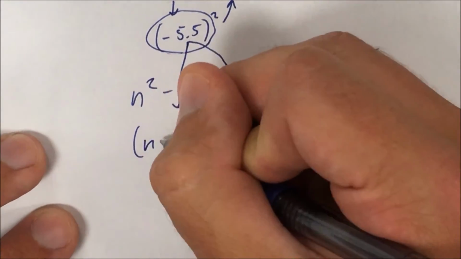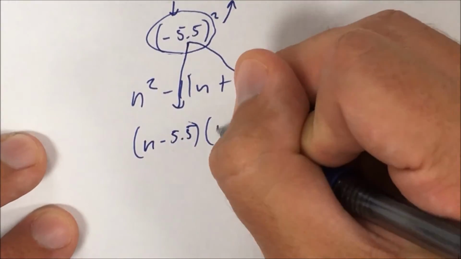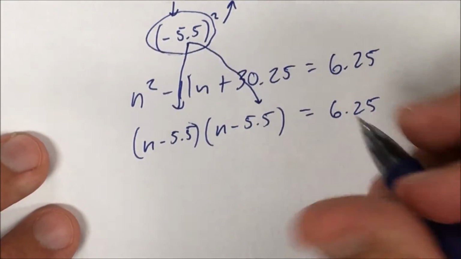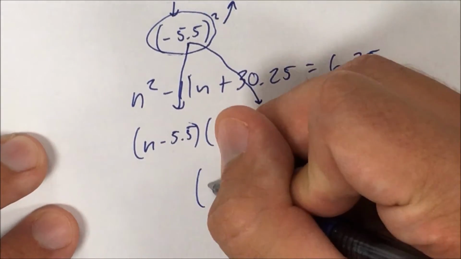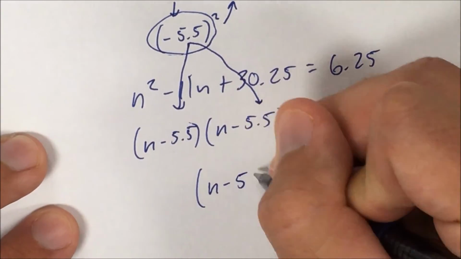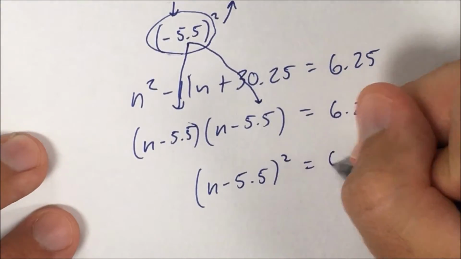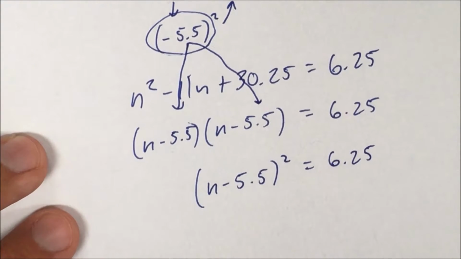So I've got n minus 5.5, n minus 5.5. And I'll end up with n minus 5.5 squared equals 6.25.